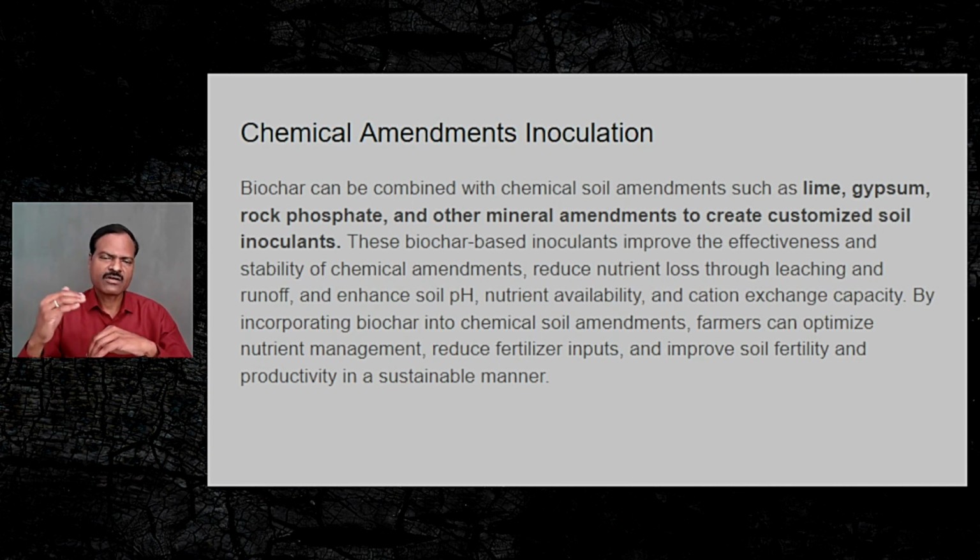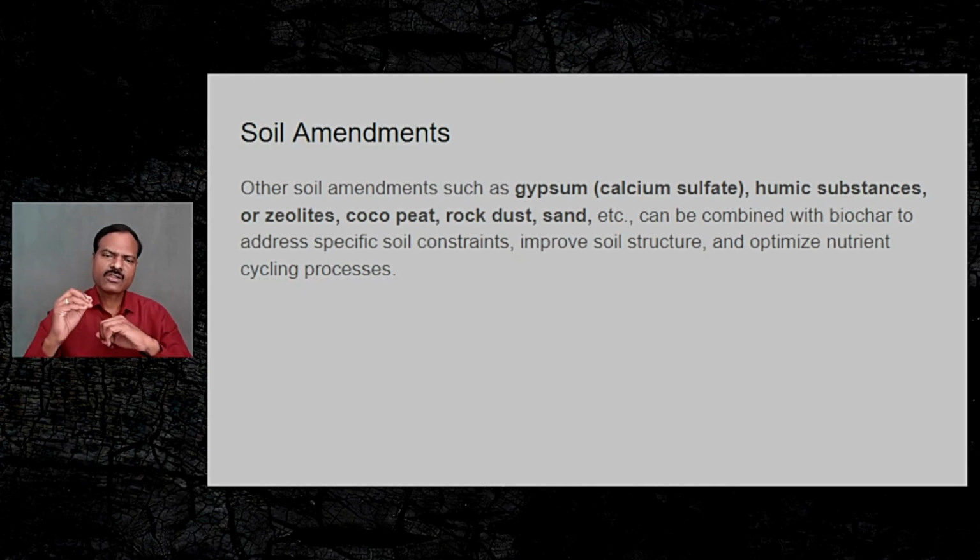So it depends on the choice of the user. Other soil amendments such as gypsum, calcium sulfate, humic substances or zeolites, coco peat, rock dust, sand can be combined with biochar to address specific soil constraints, improve soil structure and optimize nutrient cycling processes.